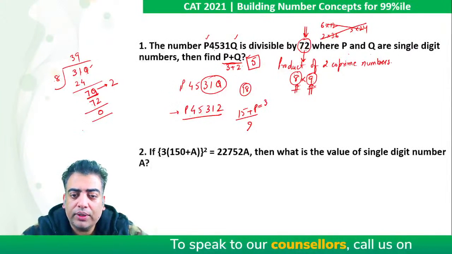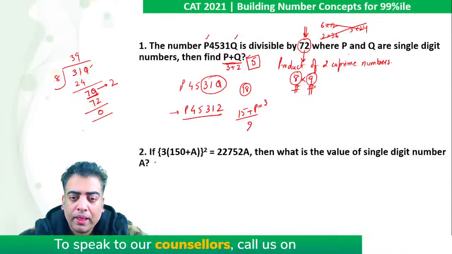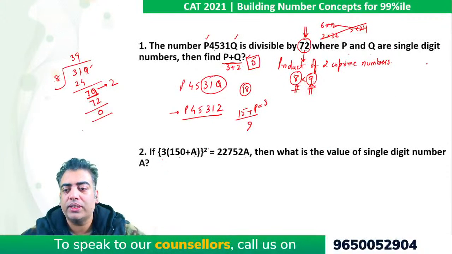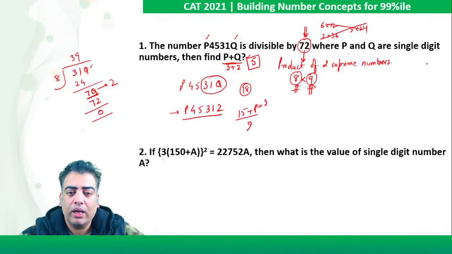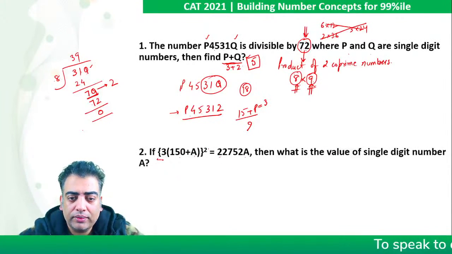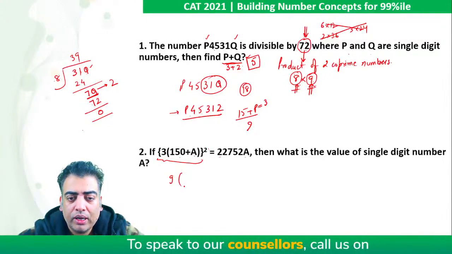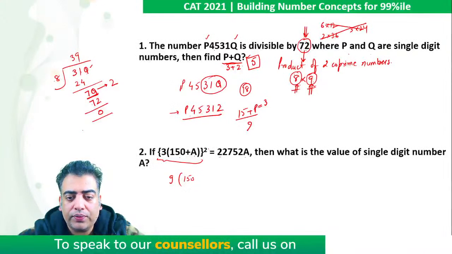Okay, now let's have a look at question number 2. Here we are given 3 into 150 plus A whole square equals this number, then what is the value of single digit number A? If I open the bracket here, it gives me 3 square, which is 9, multiplied by 150 plus A whole square should be equivalent to 22752A.